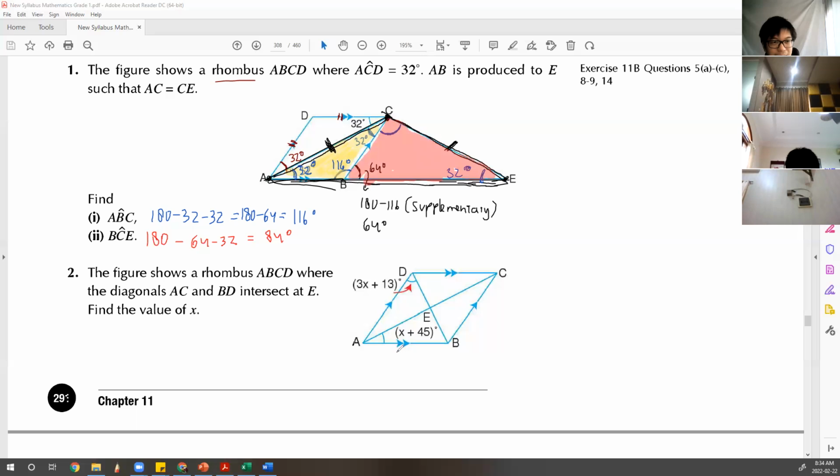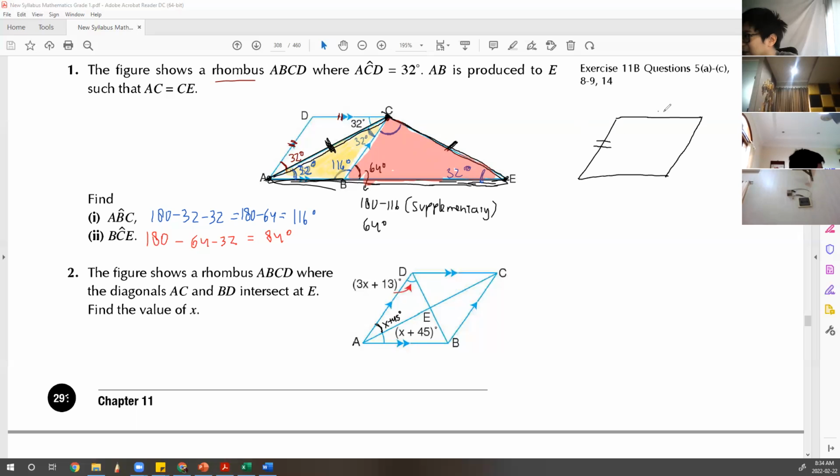Now, this algebra. We deal with algebra so hard, but again, you still can manage it. Again, it's a rhombus. Rhombus means this is x plus 45, and this also is x plus 45 because the angles are equal. So the rhombus characteristic is this. All the sides are equal, right?